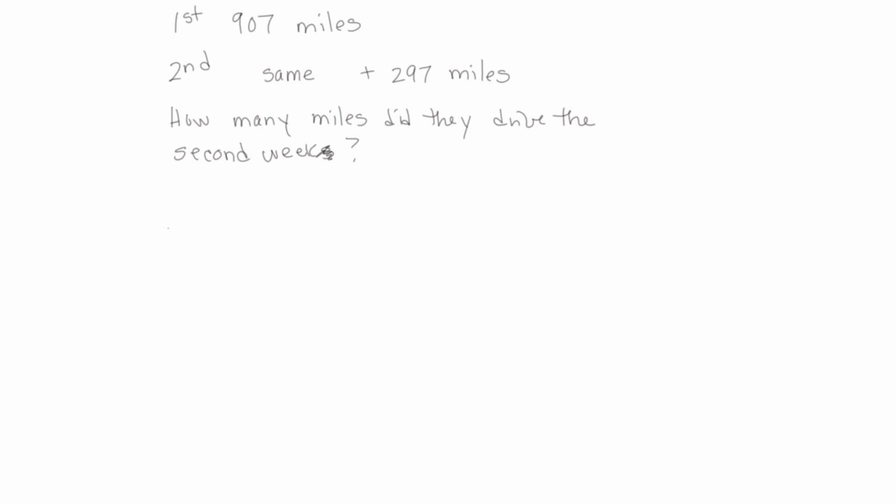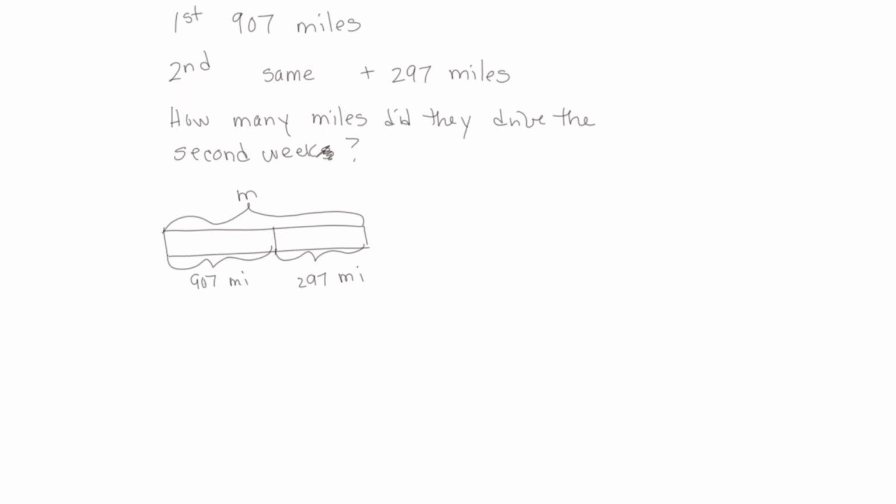So we're going to practice what we've been doing, which is to start with a tape diagram to visualize our problem. So for the second week, they drove as far as they did the first week, which was the 907 miles. And then they drove another 297 miles, and we want to know how much they drove altogether. So our variable miles is unknown.